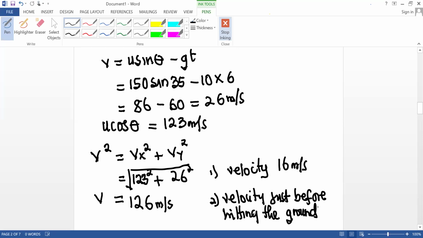The velocity just before hitting the ground. Velocity after 16 seconds, and velocity just before the body hits the ground.